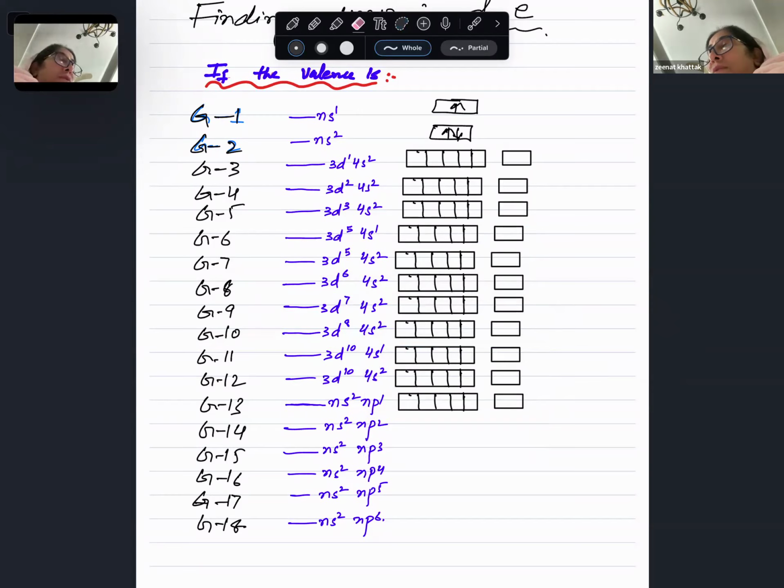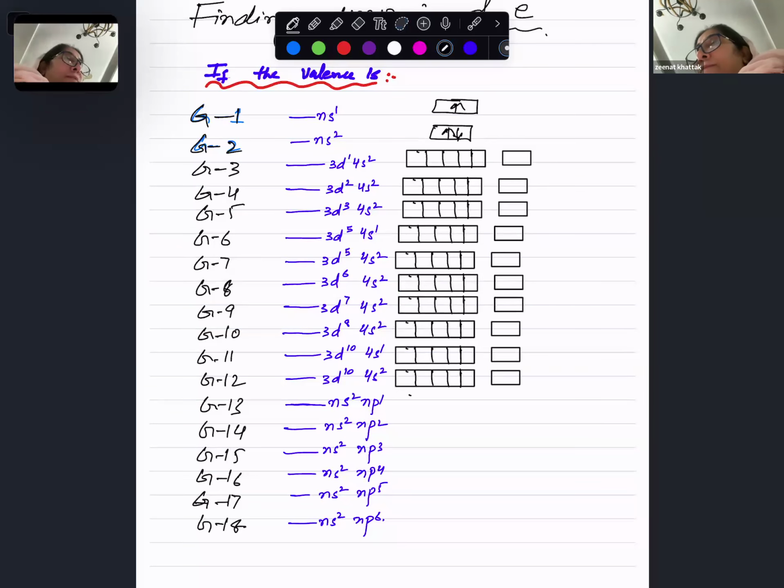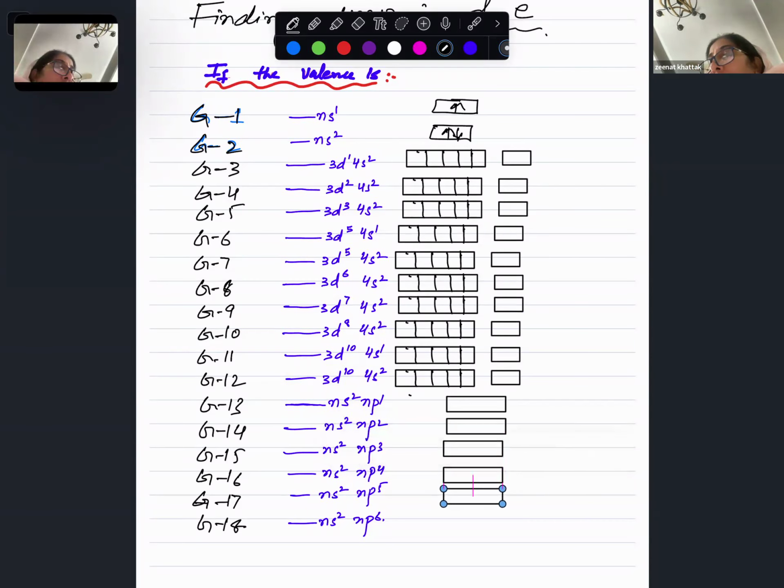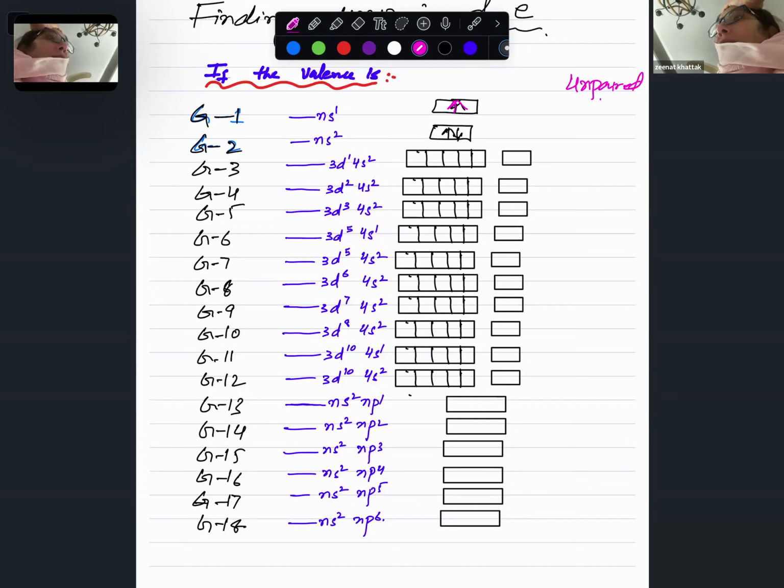No. This is P6. Now look, this is one unpaired. My writing is so bad. I think I'm tired, huh?